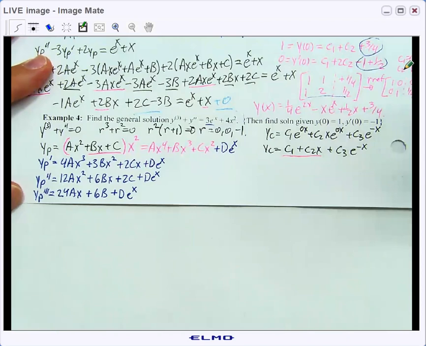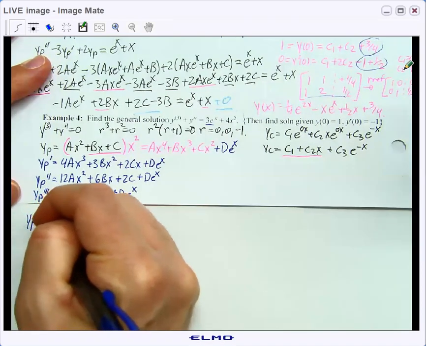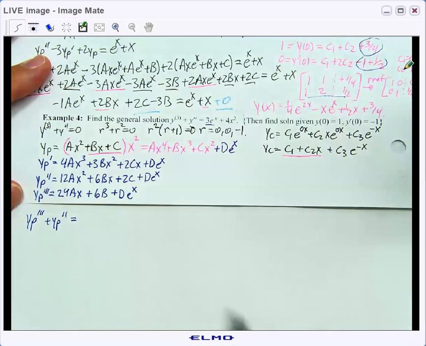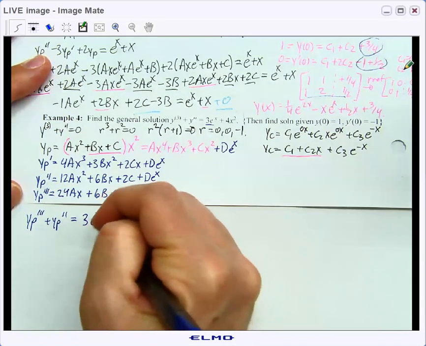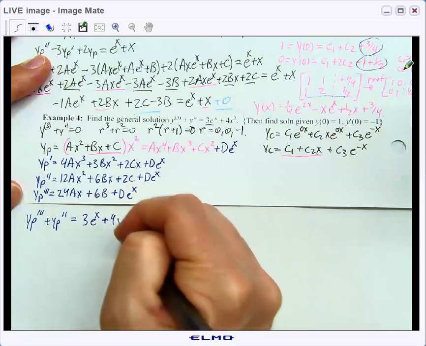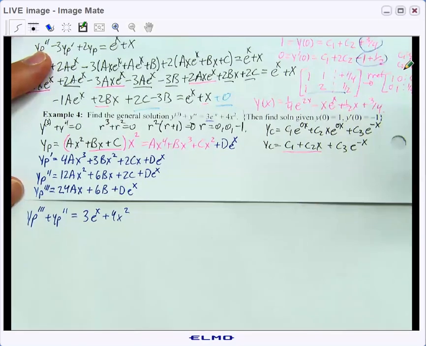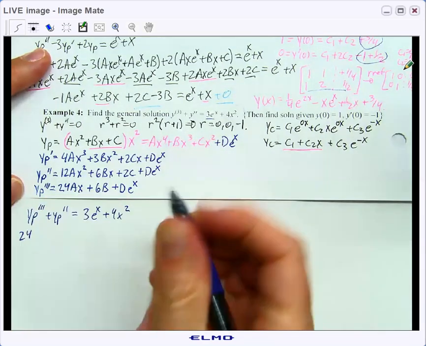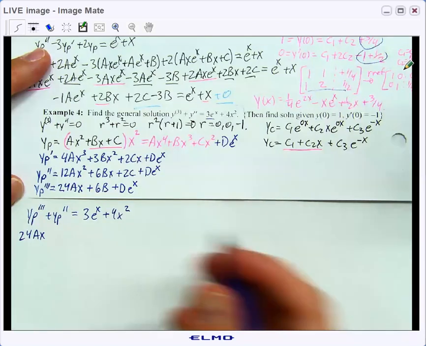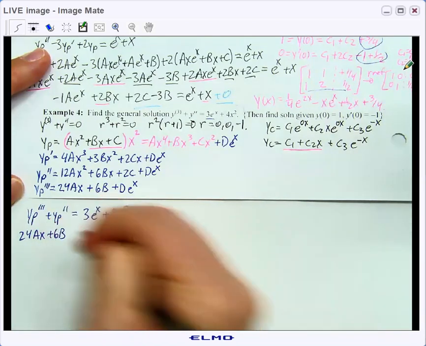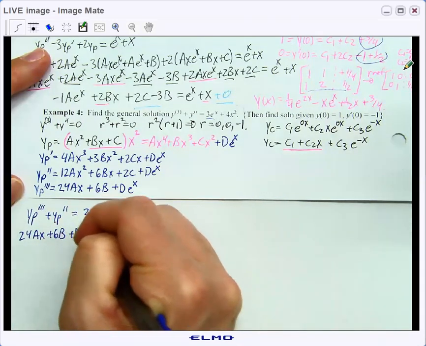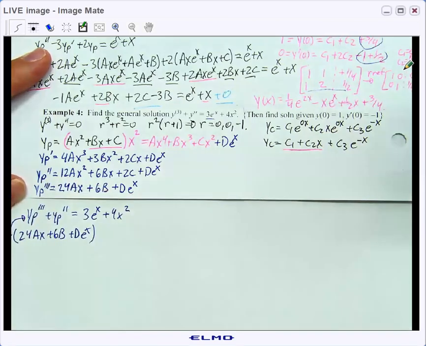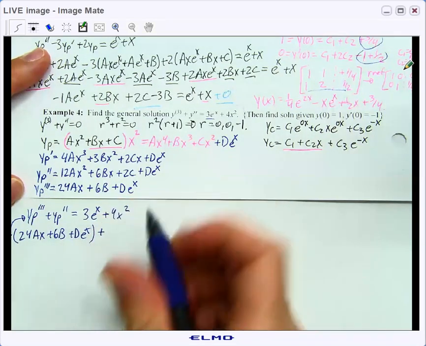So let's take a look at y_p''' + y_p'', and that should be equal to 3e^x + 4x². Plugging in, we've got 24ax + 6b + d e^x for the triple prime, plus 12ax² + 6bx + 2c + d e^x for the double prime.